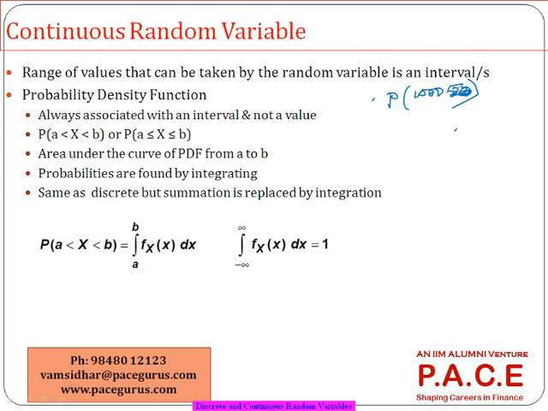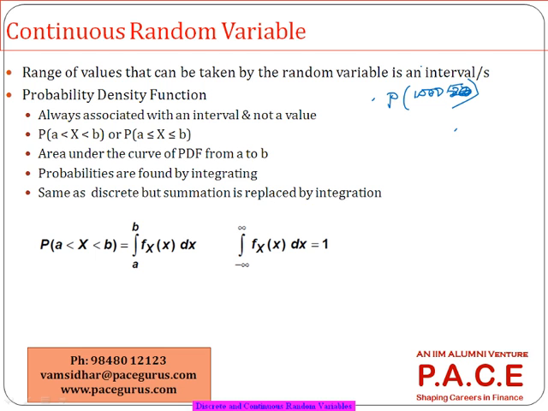Since there are lots of possible values, almost 1 lakh values, 0 to 1 lakh, any number is possible, if I assume, then the probability of getting 1050 may be just 1 by 1 lakh, which is as good as a 0.